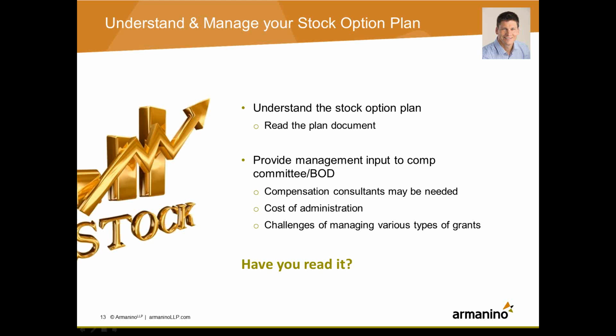Often, as Scott said, in the early history of a startup, you're going to have a lot of grants that are made on special terms that don't necessarily map to the plan document, and you need to understand that the special grants that have been given, the terms and conditions on those often override your stock plan.